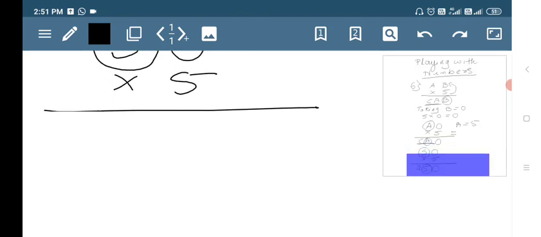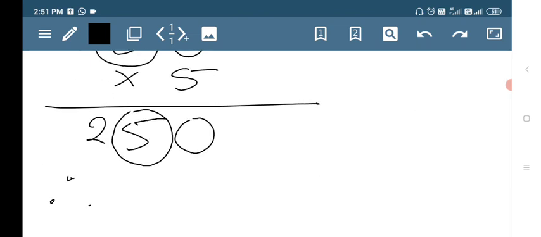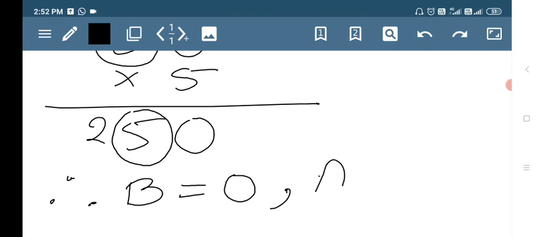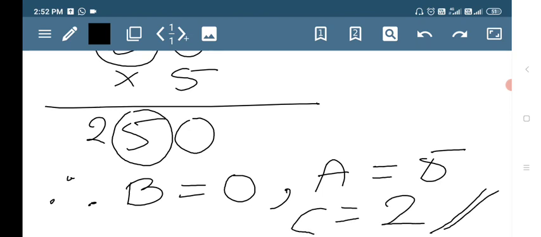Therefore the value of B is equal to 0, and the value of A is equal to 5, and the value of C we got as 2. Okay, understood? Fine.